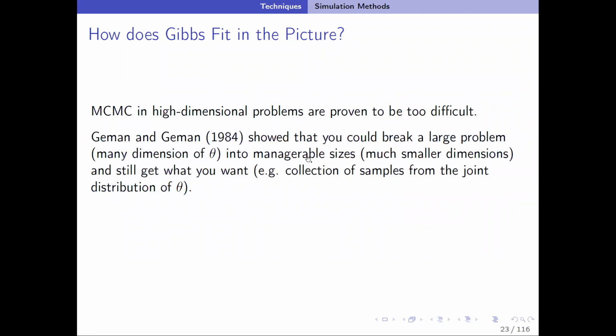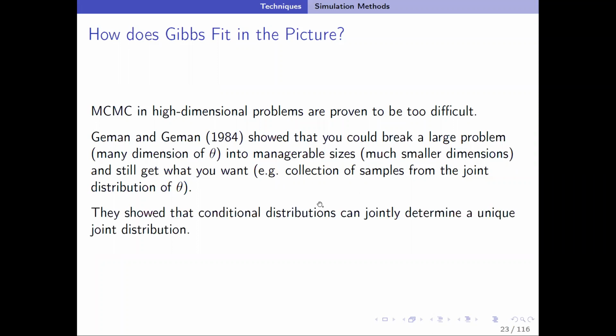The Gibbs sampler says if your parameter space is too big, like in the thousands of thetas, Gelman's 84 paper says you can break it into much smaller dimensions and still get what you want. So the collection of samples means that you will still get the joint sample from a high dimensional problem. They also show that conditional distributions can jointly determine a unique joint distribution. That's where they coined the name Gibbs.